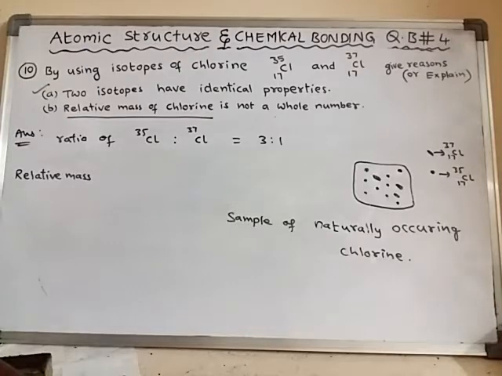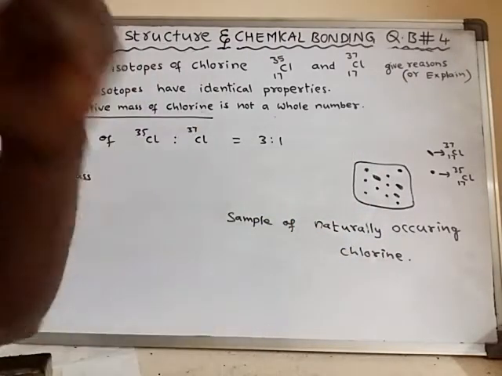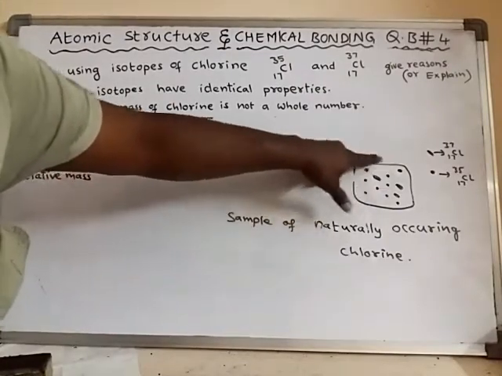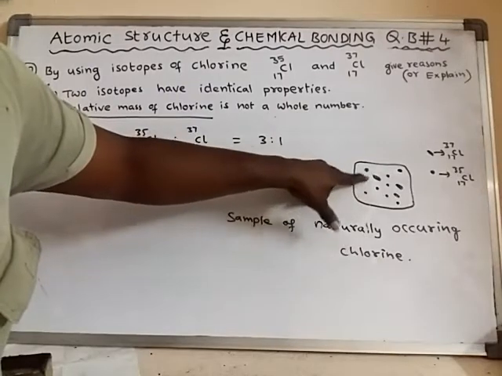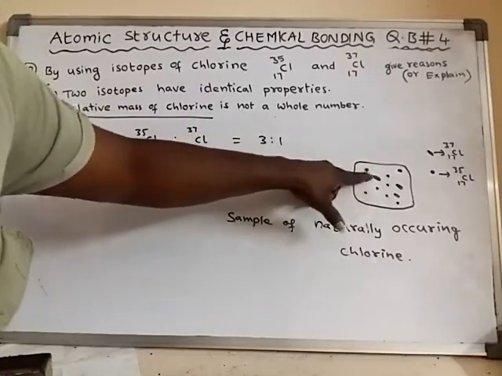Then how to find the mass of chlorine? The mass of chlorine is nothing but the average of masses of all the atoms. If you take the average of masses of all the atoms, then you will get the atomic mass of chlorine.